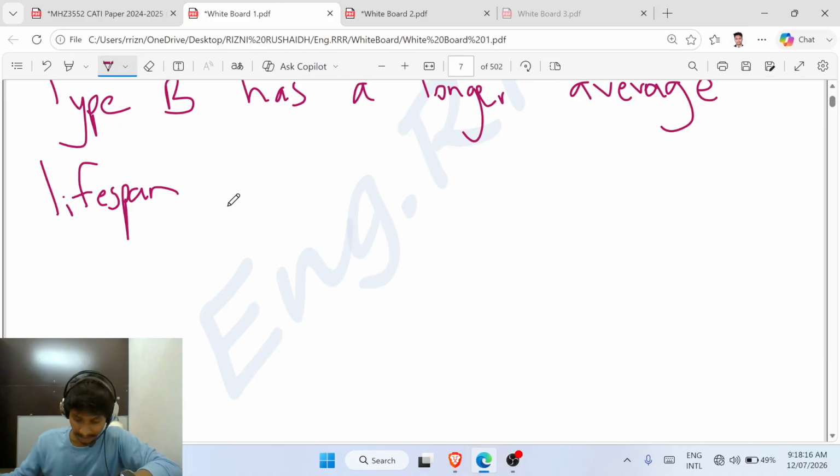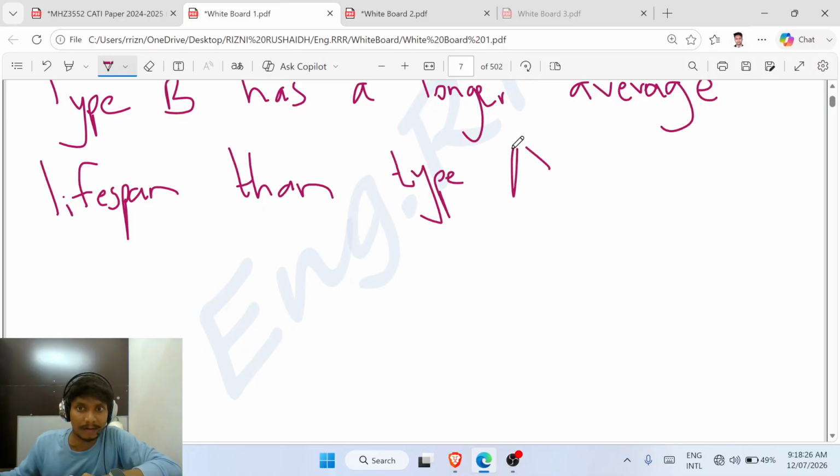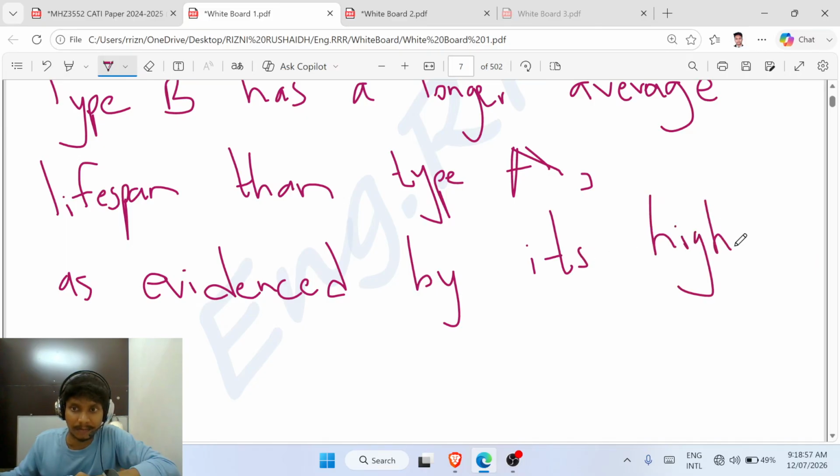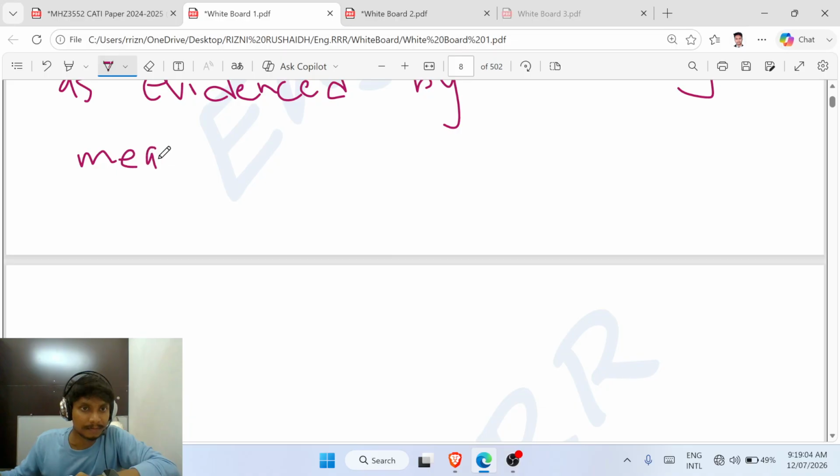Type B has a longer average lifespan than type A, evidenced by its higher mean.